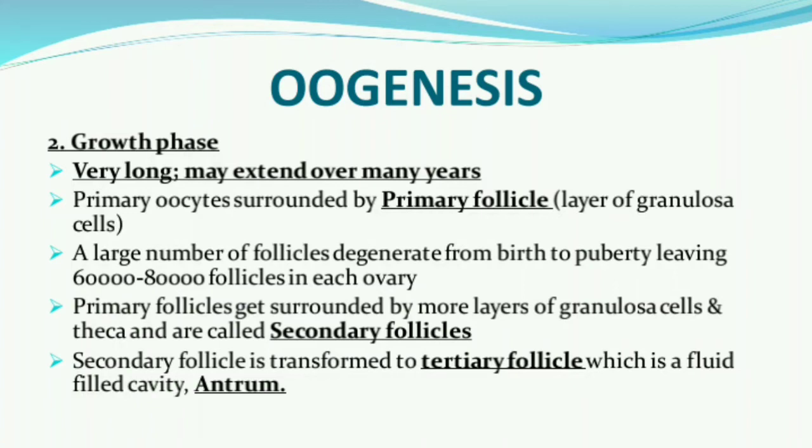Now primary follicles get surrounded by more layers of granulosa cells and theca, and this is known as secondary follicles. And secondary follicles are again transformed into tertiary follicle, which has a fluid filled cavity called antrum.